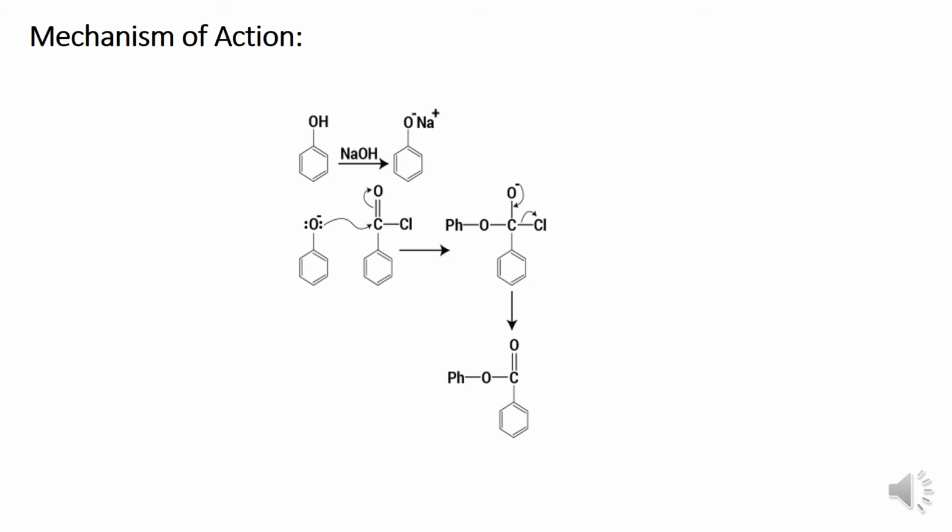Mechanism of action. In the first step, phenoxide ion is generated by treating your phenol with a strong base like NaOH. C6H5O minus is generated.